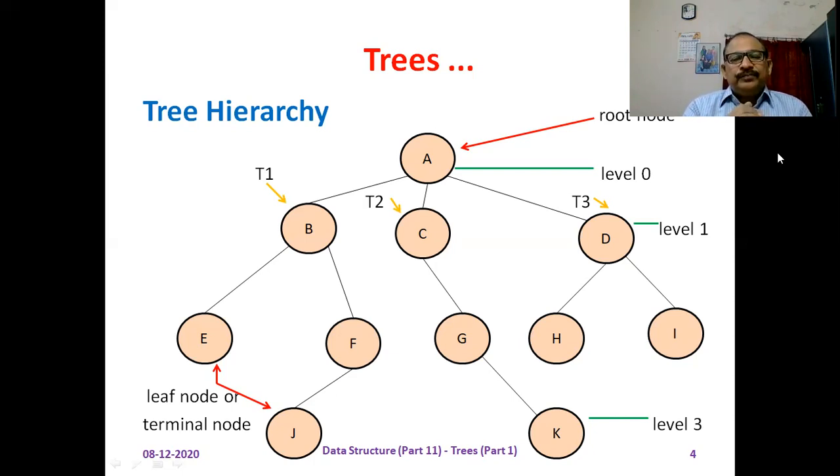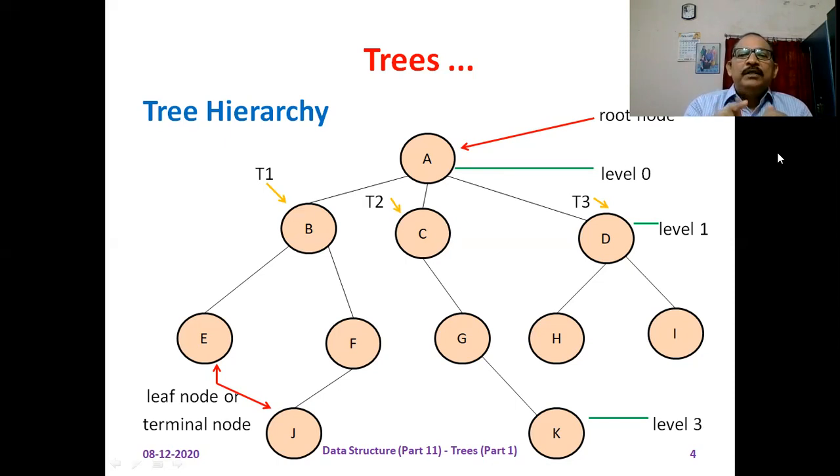Next is the depth of a node. The depth of a node is the length of the path from root to that node. So what is the depth of node F? It is equal to the length of the path from root to F. And what is the path?